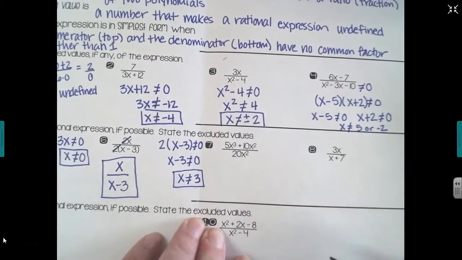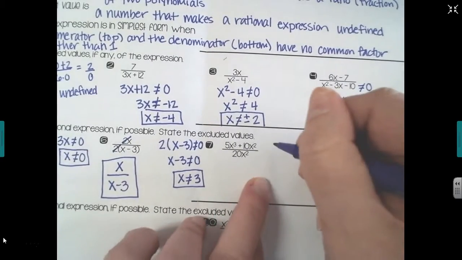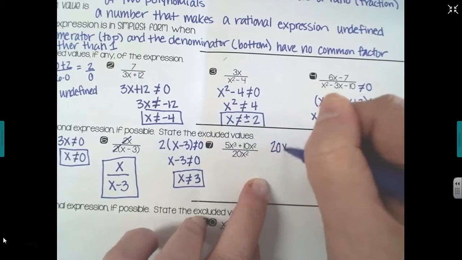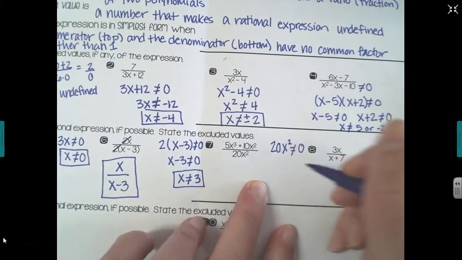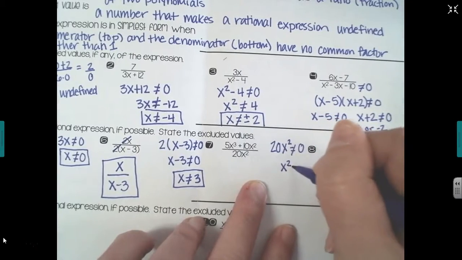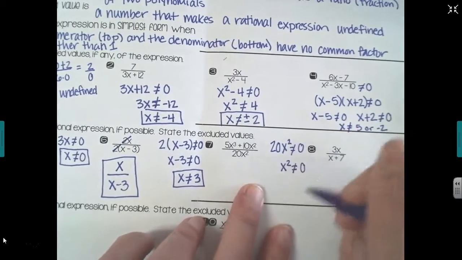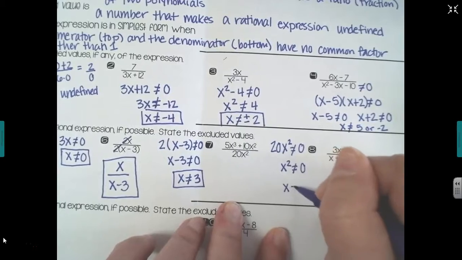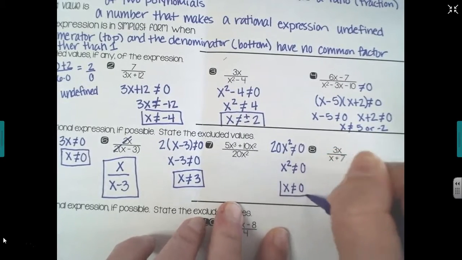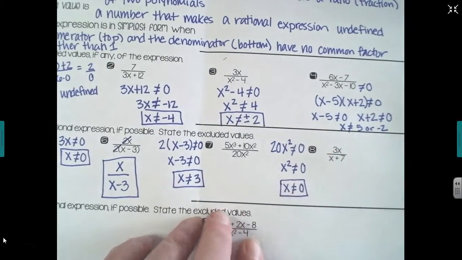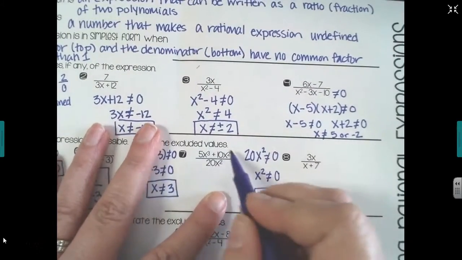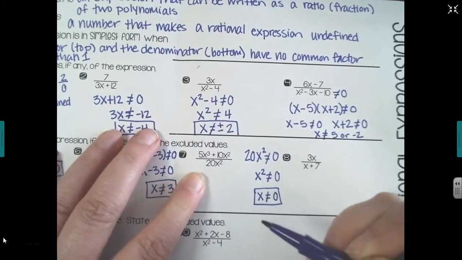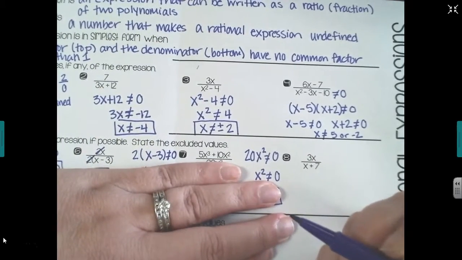Okay, number 7. Again, take that denominator. It cannot equal 0. So x squared cannot equal 0. Square root of 0 is just 0. So x cannot equal 0. All right, so let's take a look at this numerator. In our numerator, we have a common factor. So just cover up that denominator for a moment.